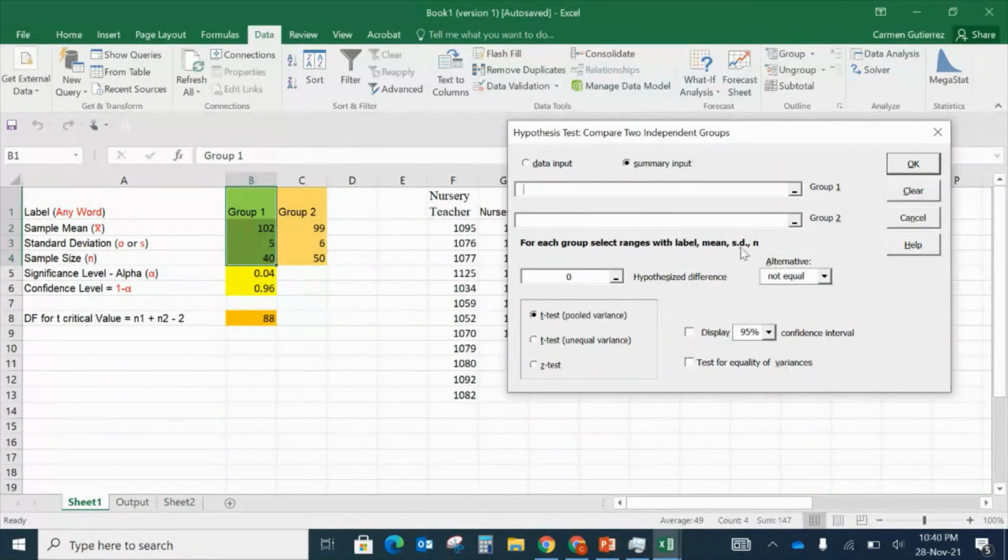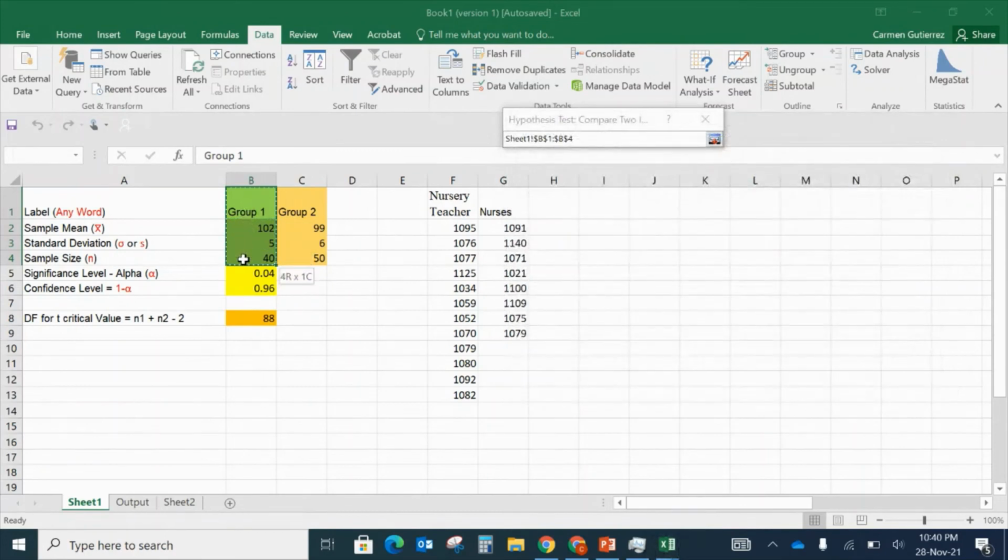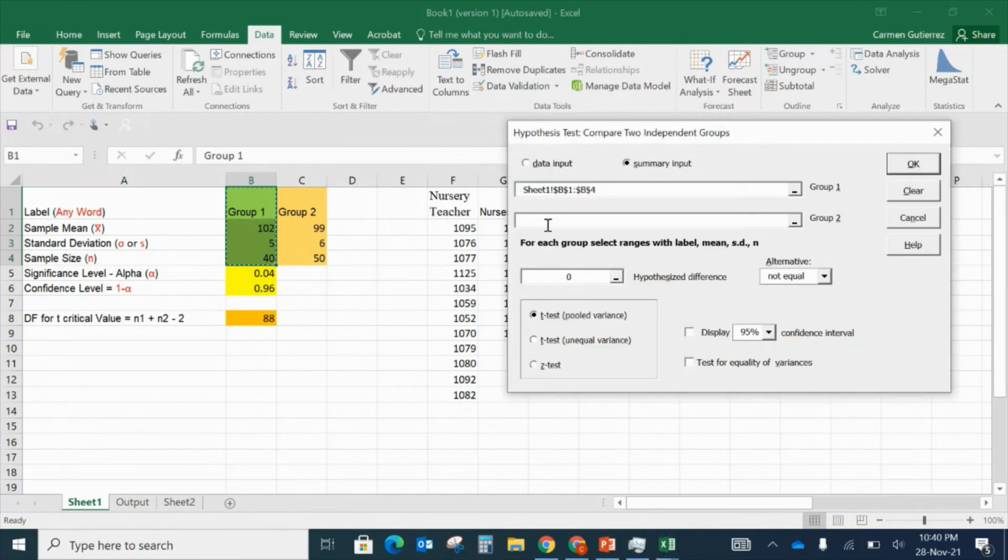Always these four and in this order. So for group 1 or population 1, whoever population 1 is for you, you highlight 4 cells from your label, mean, standard deviation, and sample size. You go to group 2 and you highlight the second group, 4 cells in that order: the name, sample mean, standard deviation, and sample size. This 0 here, leave it, do not touch it.